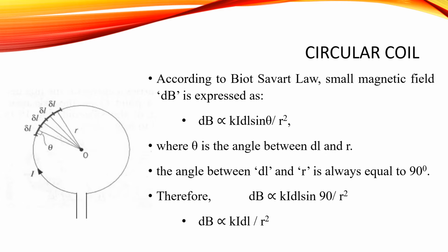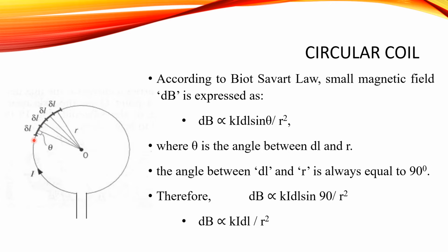Here, let us consider a coil in the form of a complete circle. Let I be the current supplied in a clockwise direction, which will give an overall magnetic field away from the observer, who is at O. Let us consider a very small portion, say dl.